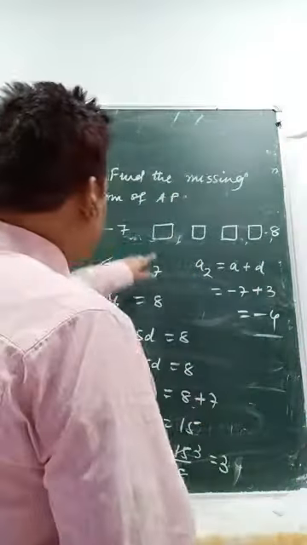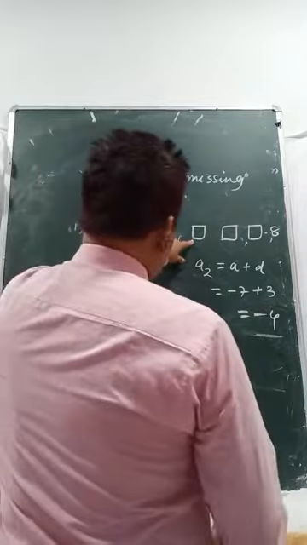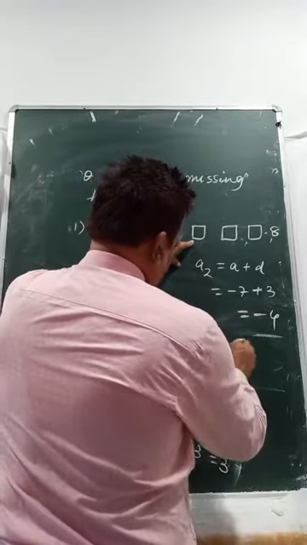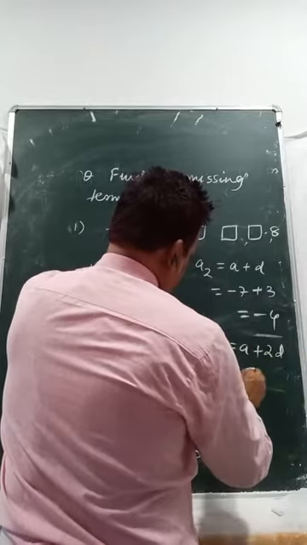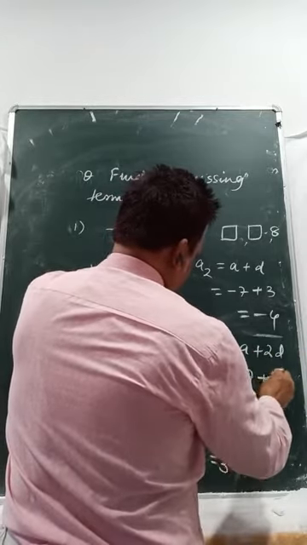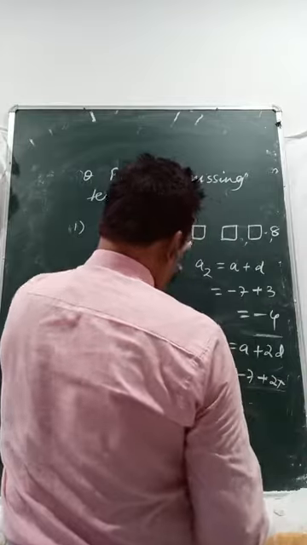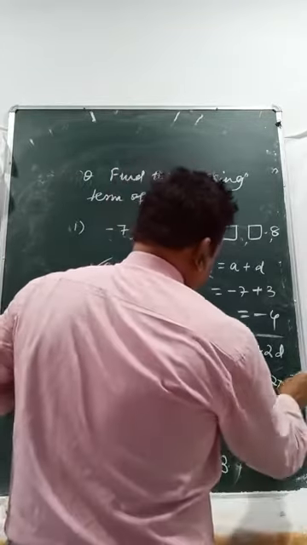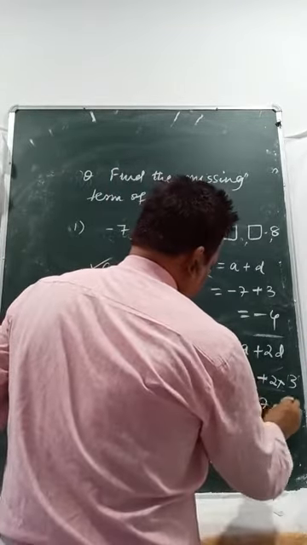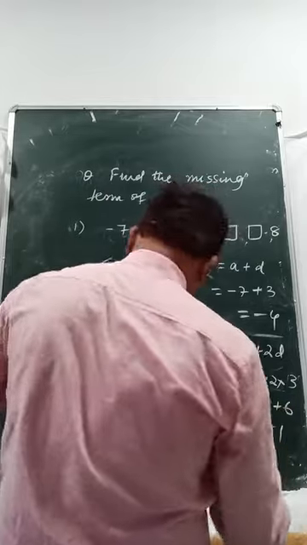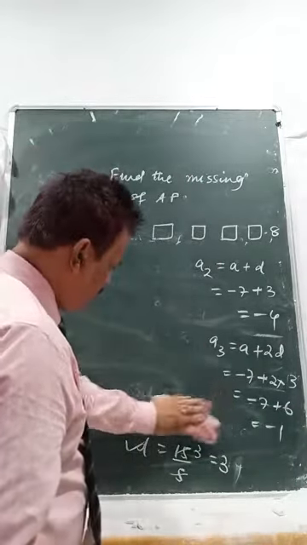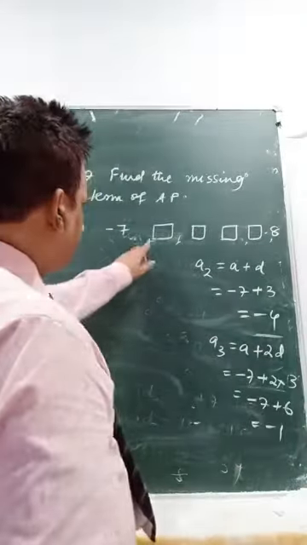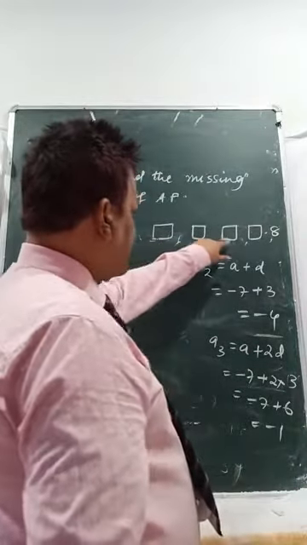Okay, now look here. Next, A3, A plus 2D. So minus 7 plus 2 into D, which is 3. So minus 7 plus 6, that is minus 1. What is the next term? Second, third, this is fourth.